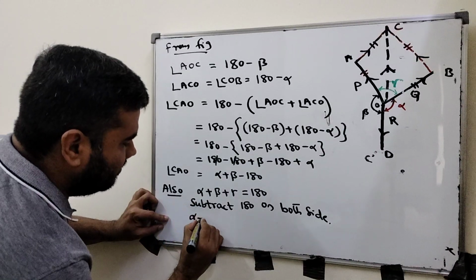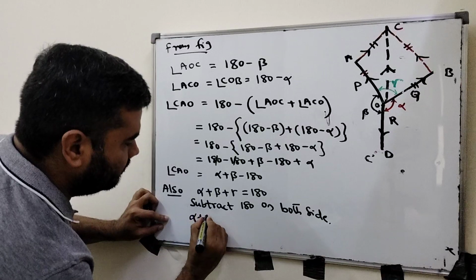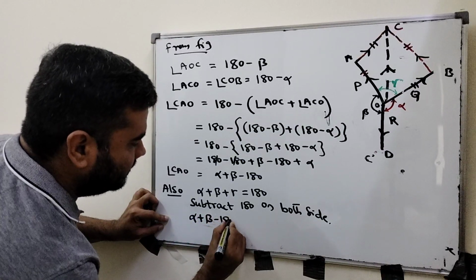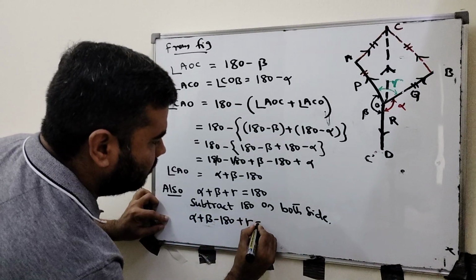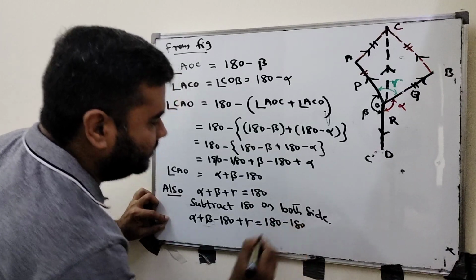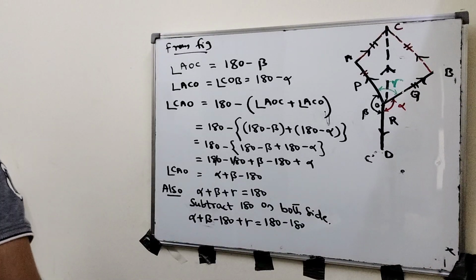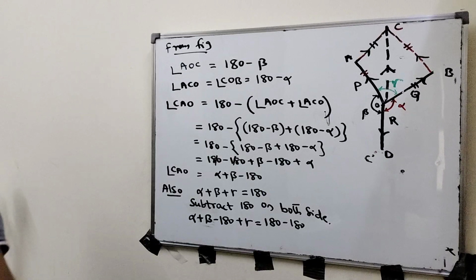That is alpha plus beta plus gamma minus 180 equal to 360 minus 180. Sorry for this, the total angle is 360. So alpha plus beta minus 180 plus gamma.